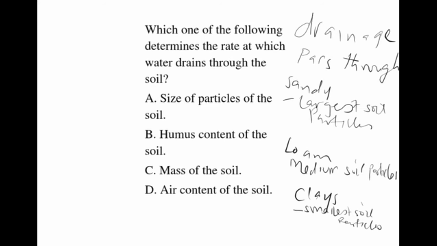So when you look at sand soil, because of large soil particles, when you put them together, they leave large air spaces. These large air spaces allow water to pass through them quickly. Therefore, it has the highest drainage.